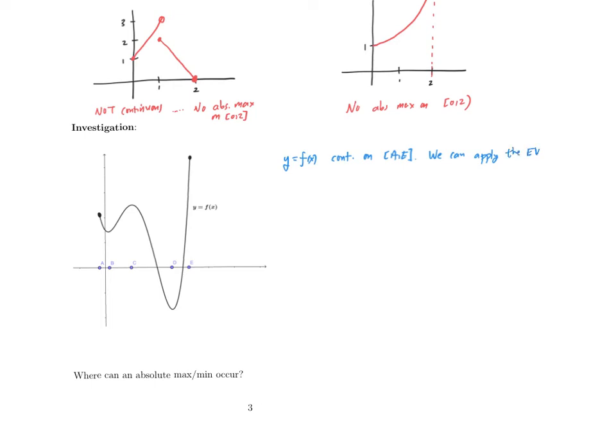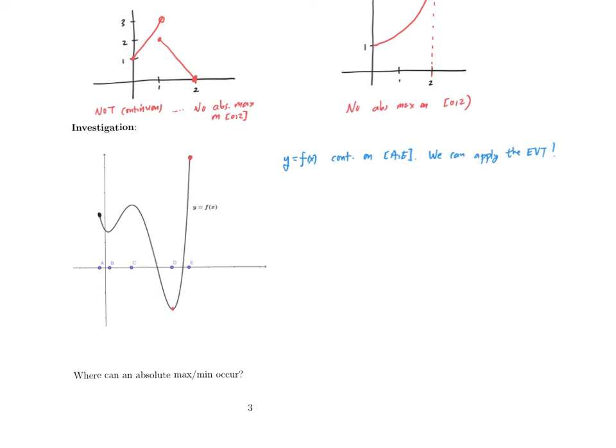And what the extreme value theorem tells us is that there will be an absolute maximum and an absolute minimum that occur in this interval. And purely by inspection, as we noted to start our previous video, we can see exactly where those are. You have this absolute minimum value that occurs in this valley at x equals d, and this absolute maximum value that occurs all the way over at that right-hand endpoint, e.